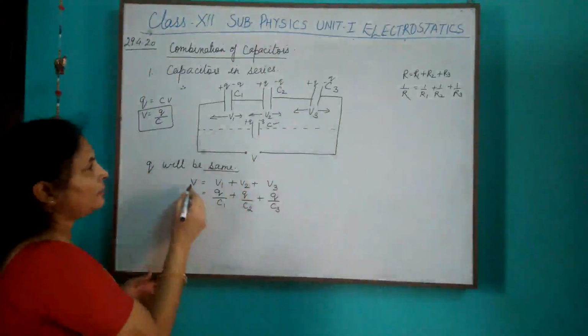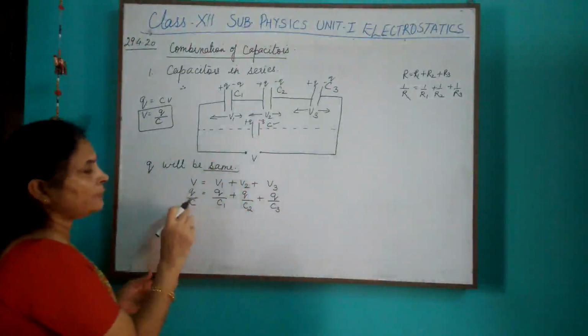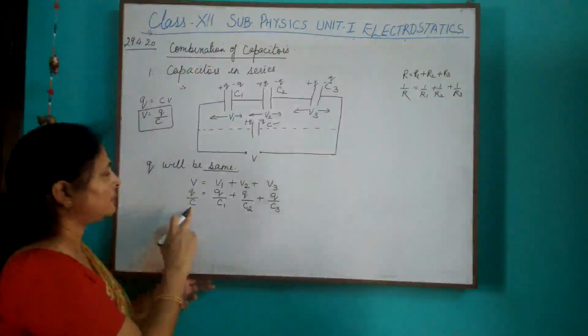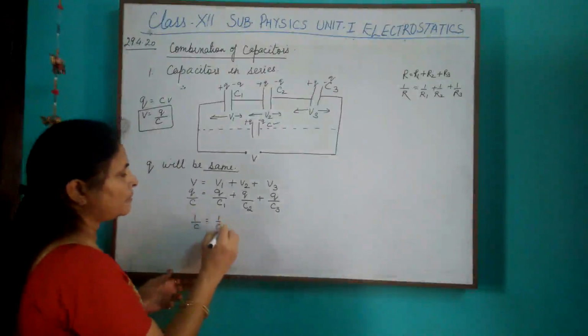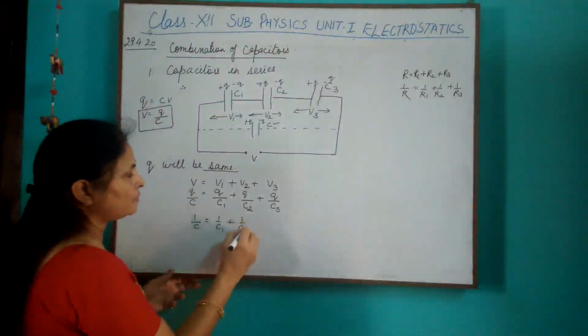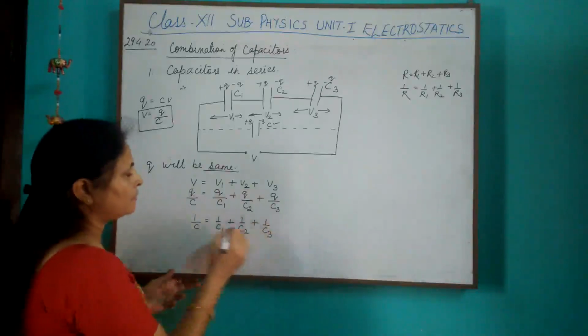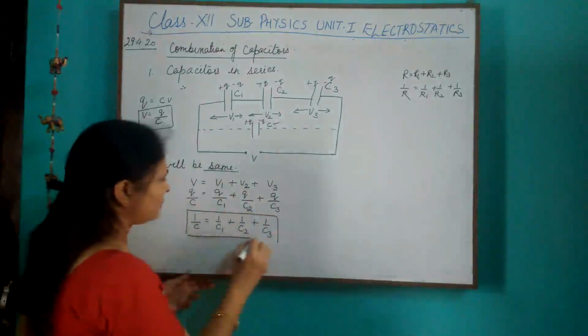So in place of V I can write down Q upon C if C is the only capacitor in the circuit. This is going to give me 1 upon C equals 1 upon C1 plus 1 upon C2 plus 1 upon C3.